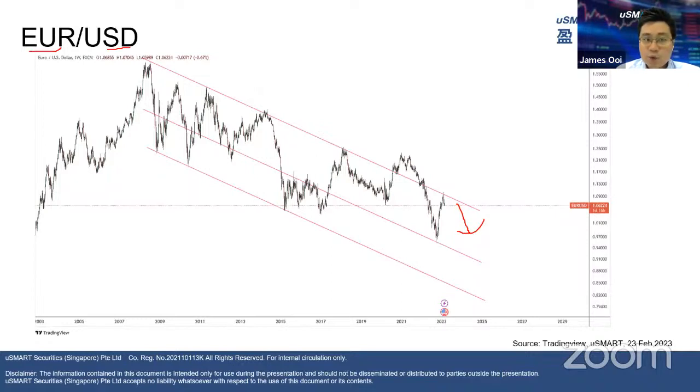And to further support my thesis, we could also see that lately Euro USD touched the upper band of this downtrend channel and started coming down. So the question you should ask is, if Euro USD starts going down, how much downside movement will there be?